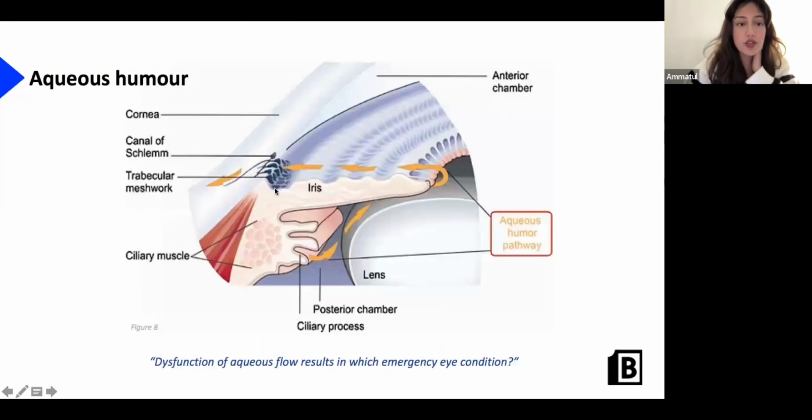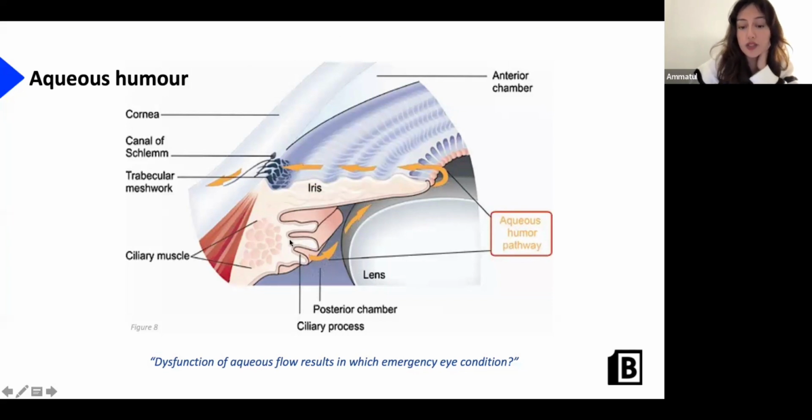The anterior segment consists of aqueous humor, and the posterior segment consists of the vitreous humor, and that's another way to differentiate it. But the anterior chamber and the posterior chamber are two different structures. So this is the posterior chamber, and this is the anterior chamber. Behind the iris, posterior; in front of the iris, anterior.